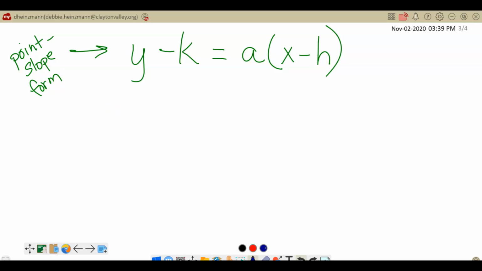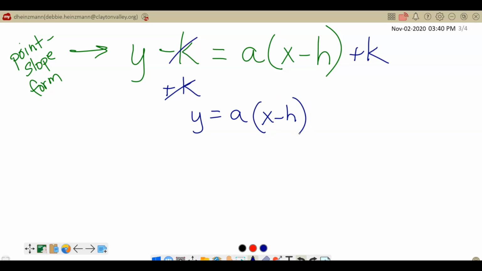But we can simplify this. I'm going to change colors to do it. If we wanted to just isolate y, which is what you should do, then we would add k to both sides. Okay, cross it off here, add it here. All right, and then we would have y equals a times x minus h plus k.